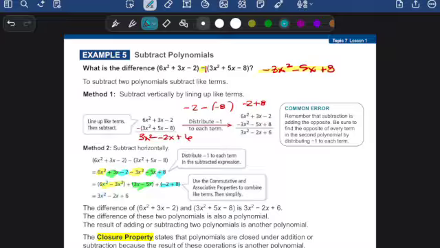And basically what it says is if you start with polynomials and then you do addition or subtraction and you end up with a polynomial, then that operation is closed.